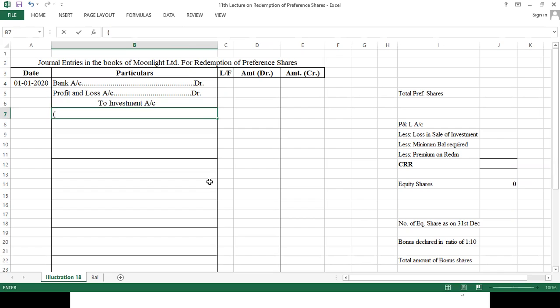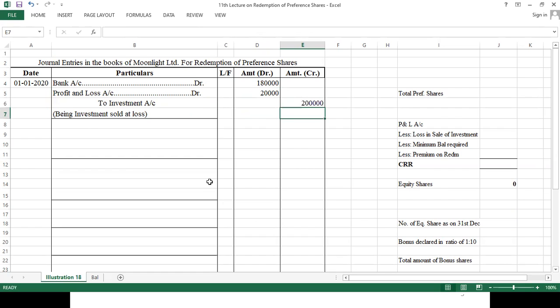Here we will write: being investment sold at loss. Now here we got 1,80,000, 20,000 we made as a loss, and the total amount of the investment was 2 lakh rupees.